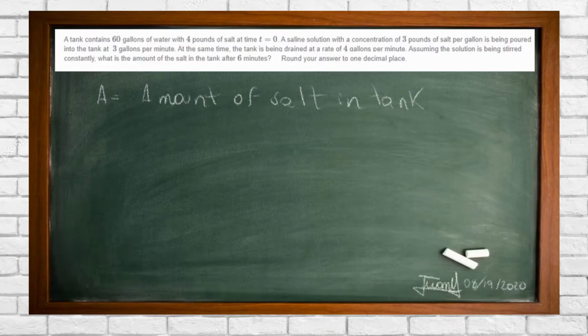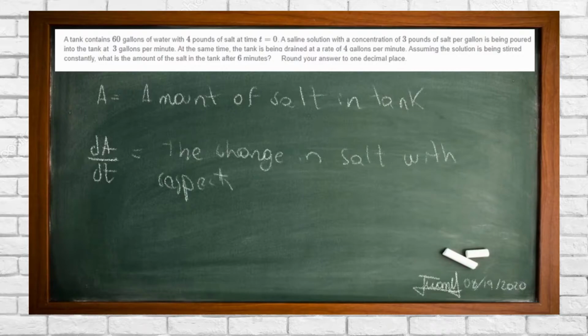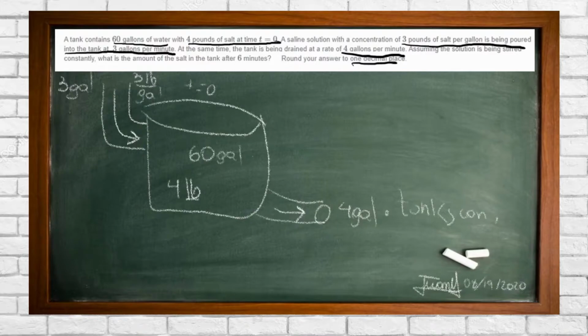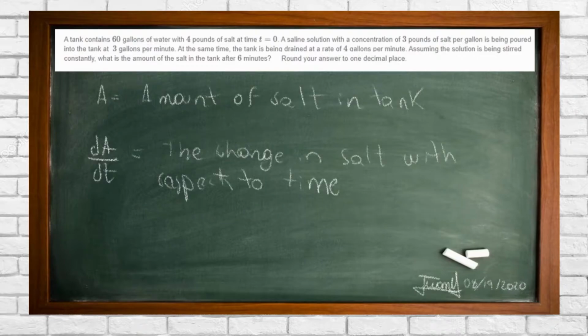Now the derivative of A with respect to time is going to be the change in salt with respect to time. So dA/dt is going to be the amount of salt that is changing within our tank every single time t, in this case minutes. All right, but let's go deeper.